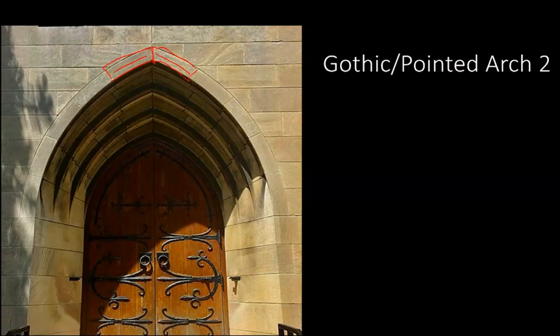Because it's coming together more like a triangular arch, rather than having a stone at the top, they let them lean together like the points of a triangular arch would. So that's something to keep in mind about the Gothic arch in particular. And you will see a lot of Gothic arches in medieval architecture and particularly in medieval churches.